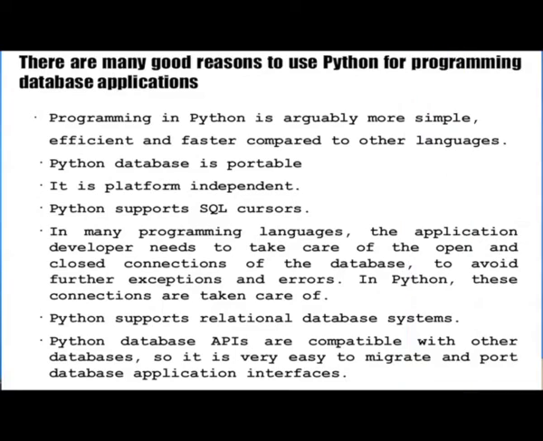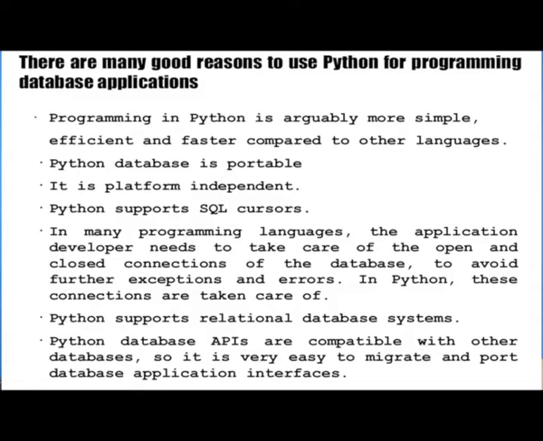There are many good reasons to use Python for programming database applications. Programming in Python is arguably more simple, efficient and faster compared to other languages. Python database is portable, it is platform independent, it supports SQL cursors.